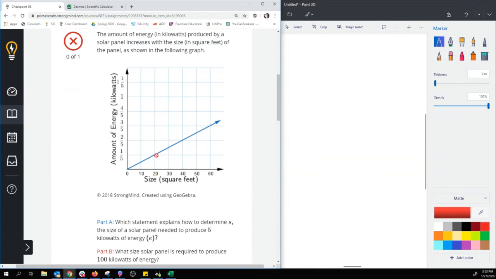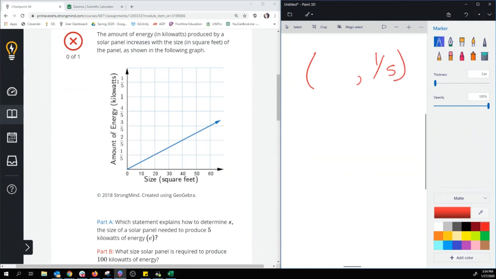So I want to use this point right here because my line goes through my graph right in the middle of this intersection here. So what would be this coordinate point that my cursor is on? 1/5, perfect. So 1/5 is my y. What would be my x? What number comes first? 20, perfect. So I have 20 comma 1/5.